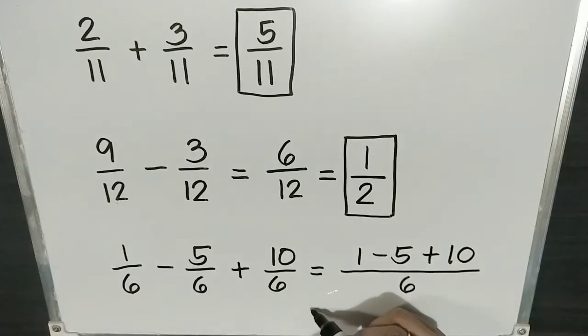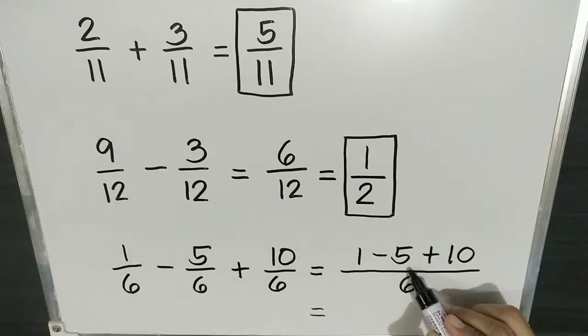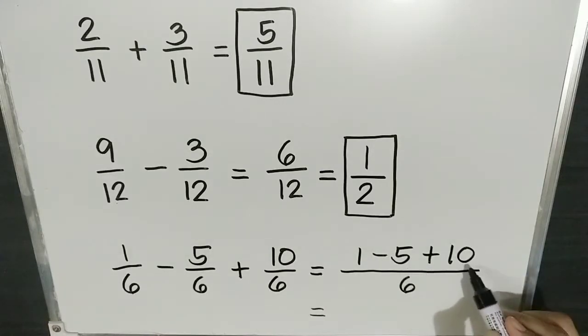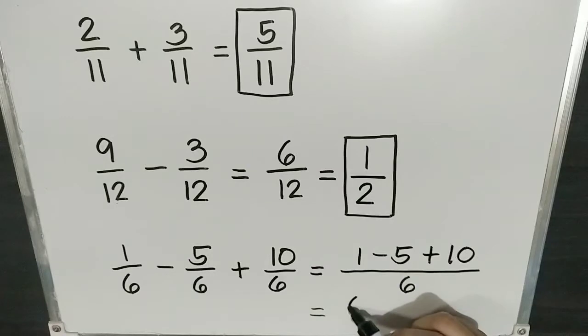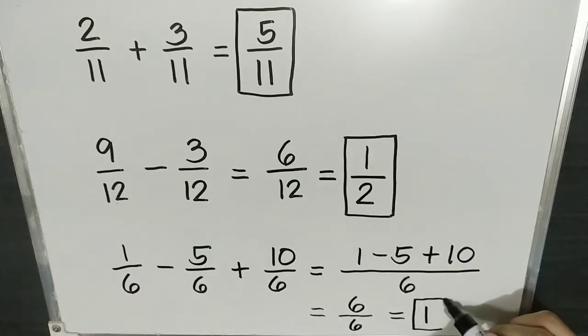Okay, so we have 1 minus 5 is negative 4 plus 10 is positive 6 over 6. 6 divided by 6 is equal to 1. Therefore, the answer is positive 1.